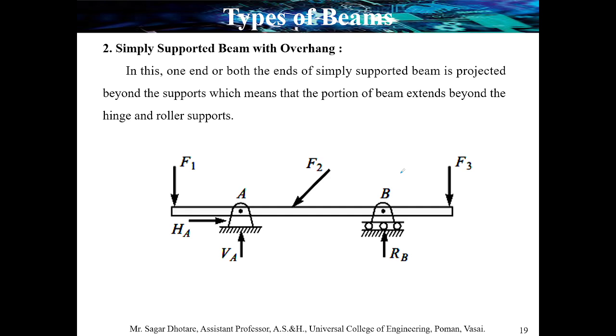Now the second example, a simply supported beam with an overhang. Overhang means a particular area at the end of a beam which is not supported by any kind of support, so it is free to rotate.